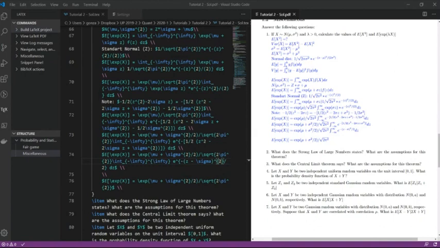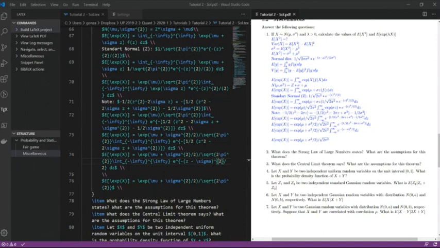Now, the strong law says that if you're increasing that number and the number of people in your sample is large enough, then in all cases your sample mean will be the same as the population mean.